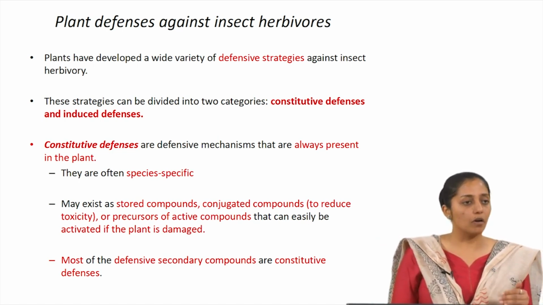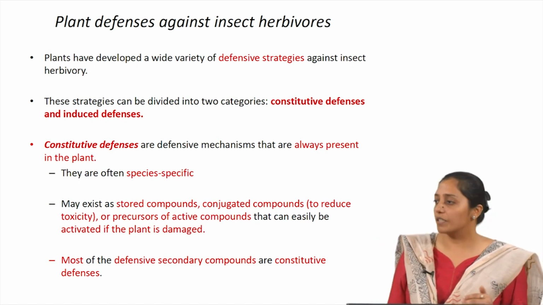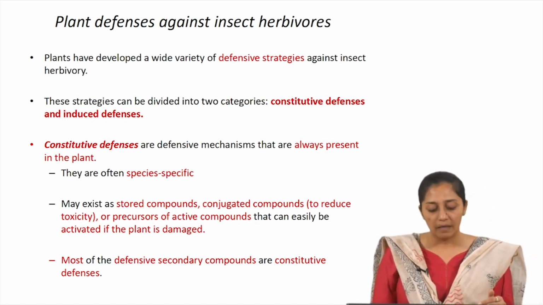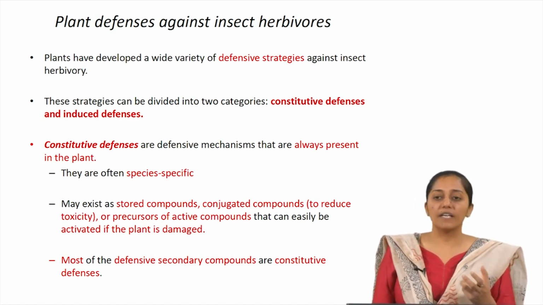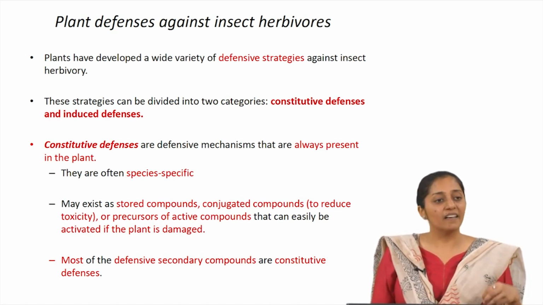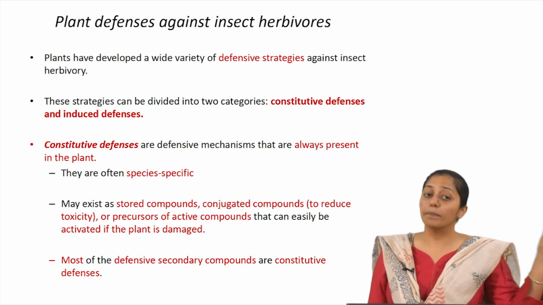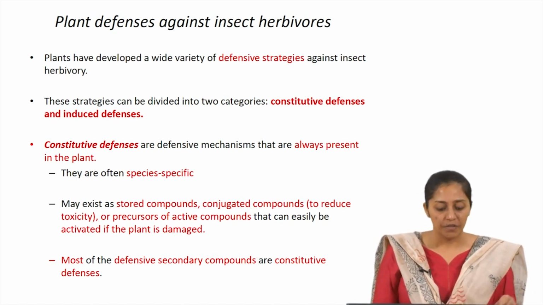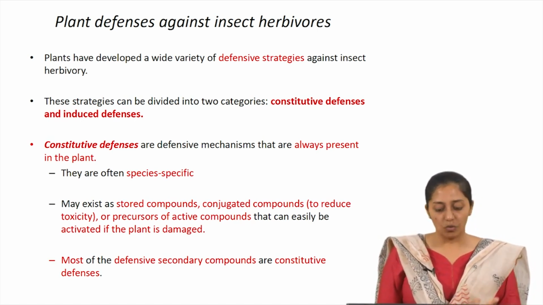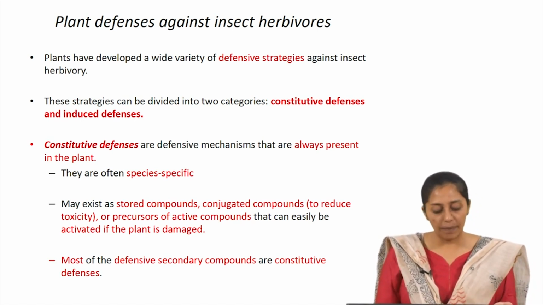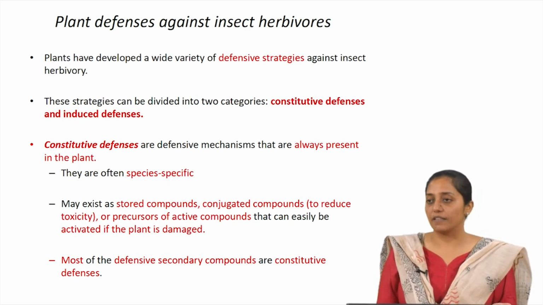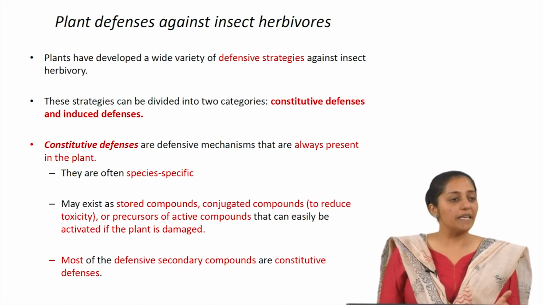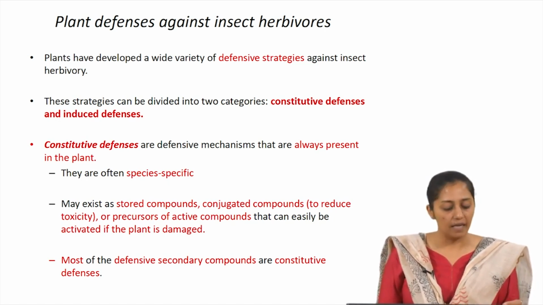So, let us first talk of the constitutive defense. What is constitutive defense in the plants? Now, this is species specific. The secondary metabolites which may be present inherently in that plant may not be present in the other species. So, they may exist as stored compounds, conjugated compounds to reduce toxicity, or as precursors of the active compound which can easily be activated if the plant is damaged.